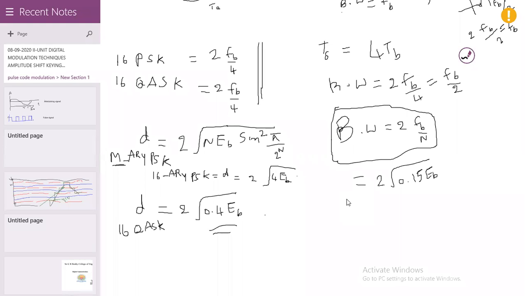The bandwidths are same, but the 16 QASK distance is greater than 16 M-ary PSK. That's why the error rate is less in 16 QASK. Please note down that this is one of the important points.